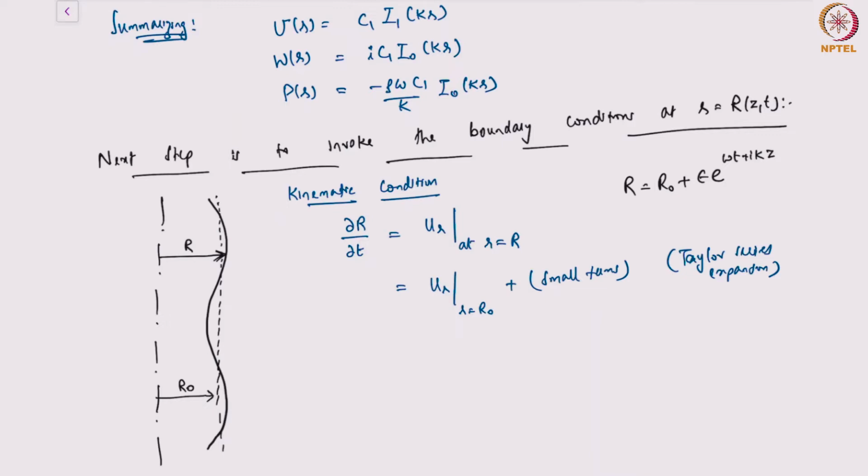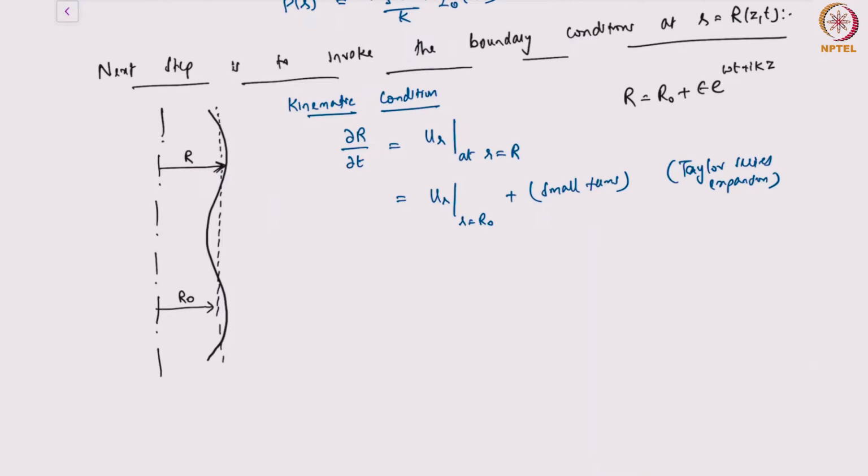Therefore, it will be a product of two perturbations, a radial perturbation and a velocity perturbation, and the product of the perturbations would be small. And therefore, the boundary condition is not applied at r equals capital R, but at r equals r naught, which is on the undisturbed interface.